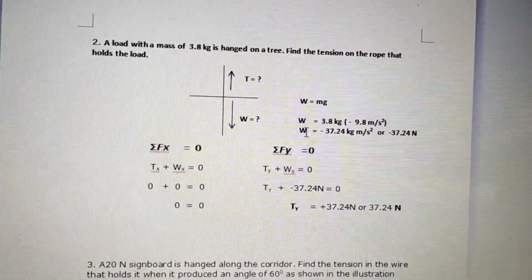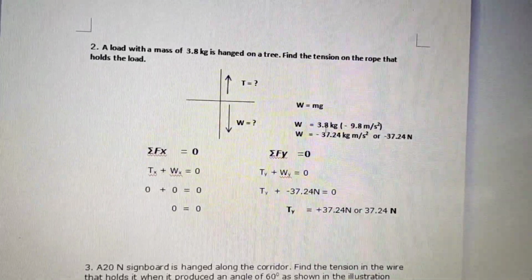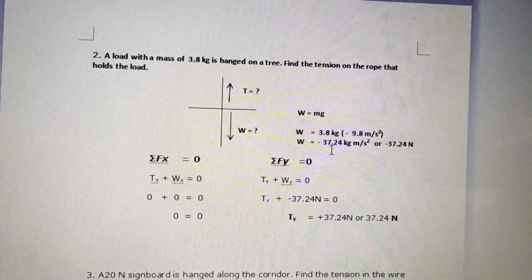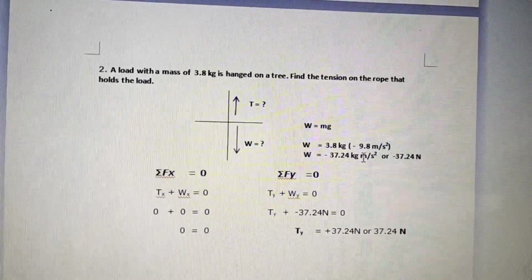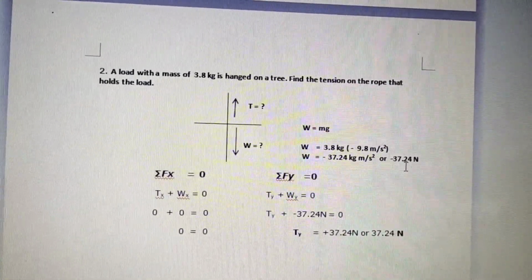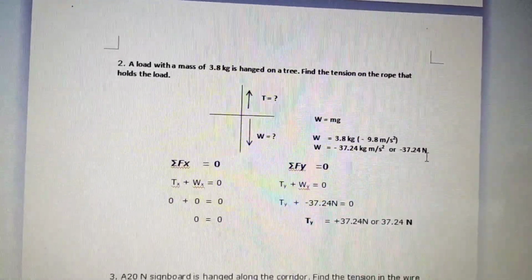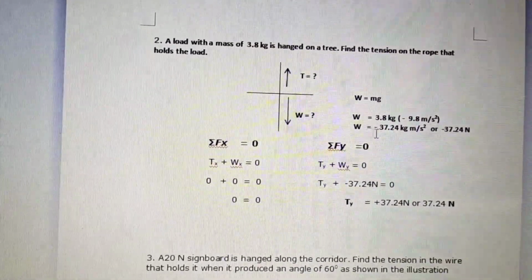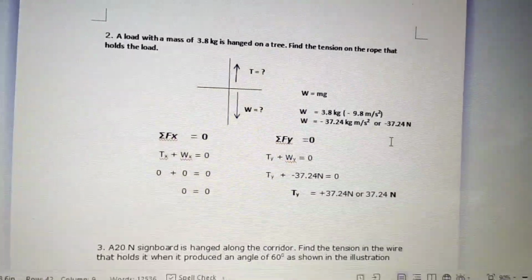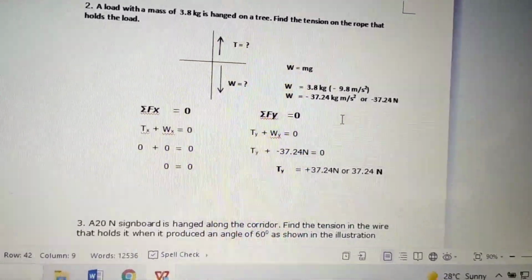So in solving, weight is equals to, multiply the two, negative 37.24 kilogram meter per second squared, or negative 37.24 newtons. After solving for the weight, we are now ready to solve for the unknown.